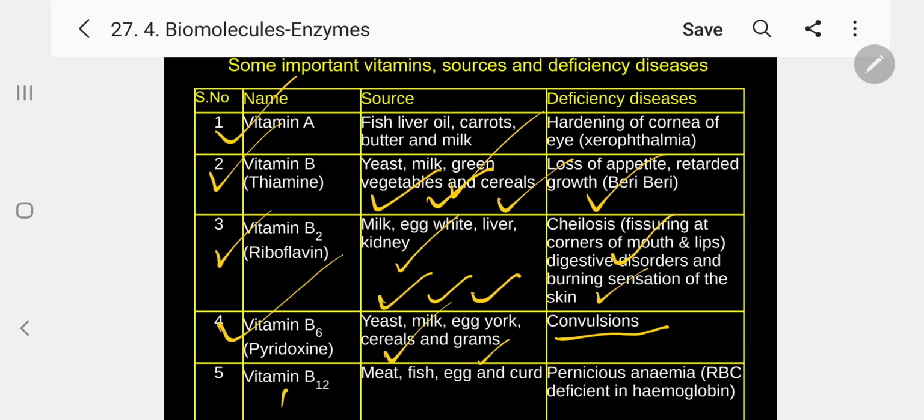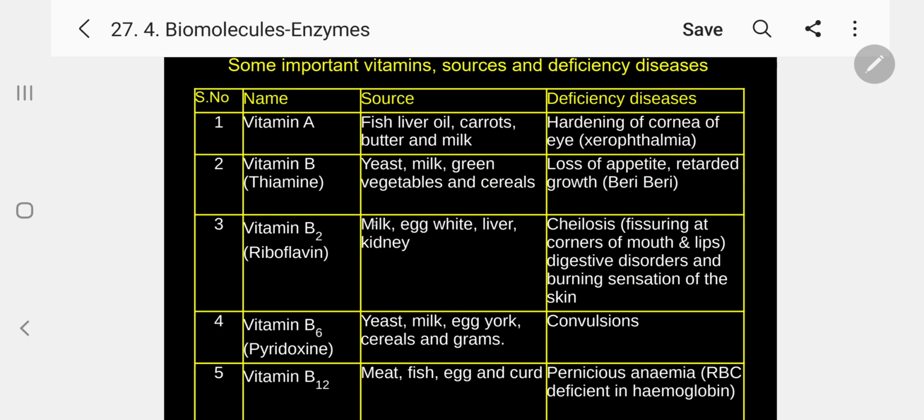Number 5, vitamin B12, normally present in meat, fish, egg and curd. Due to the deficiency, pernicious anemia occurs, that is RBC deficiency in hemoglobin. So RBC will decrease in hemoglobin due to the deficiency. That's why normally we have to take vitamin B12.